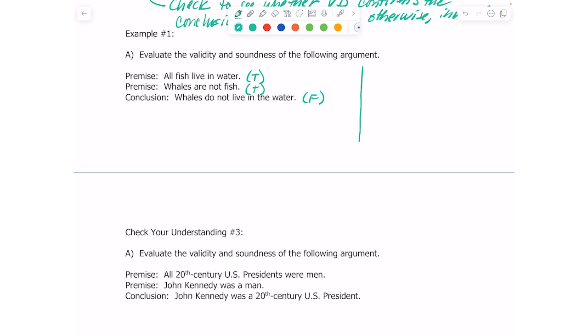We're going to draw a Venn diagram. So to do that, I'm going to first draw a rectangle, and I'm going to place a larger circle.